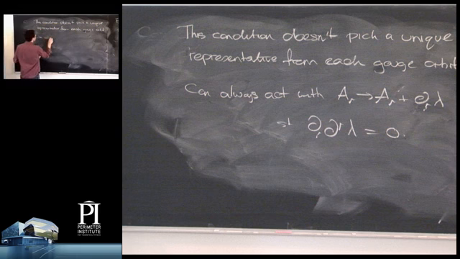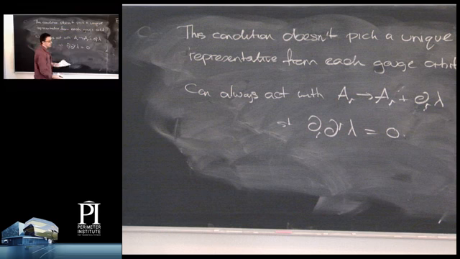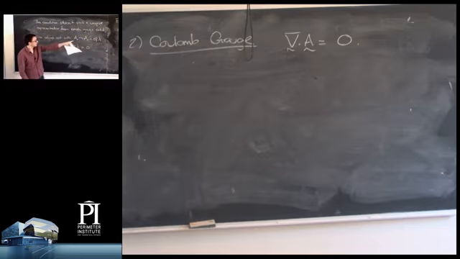So we can always act with this. So this is a residual gauge symmetry. Even after we fixed this gauge, there's still this left over.